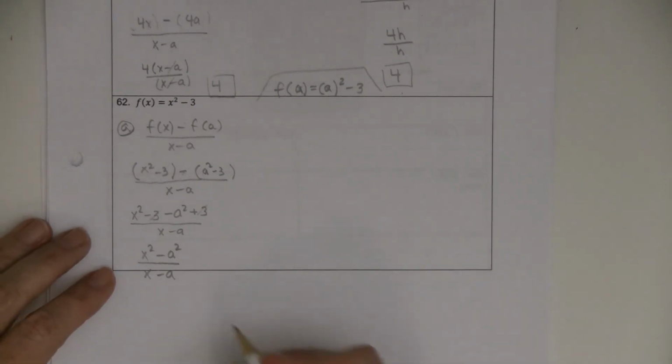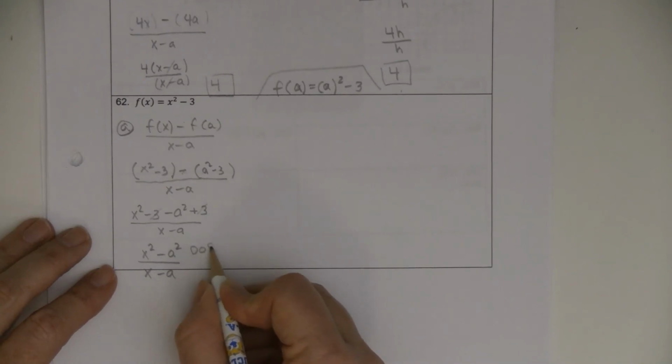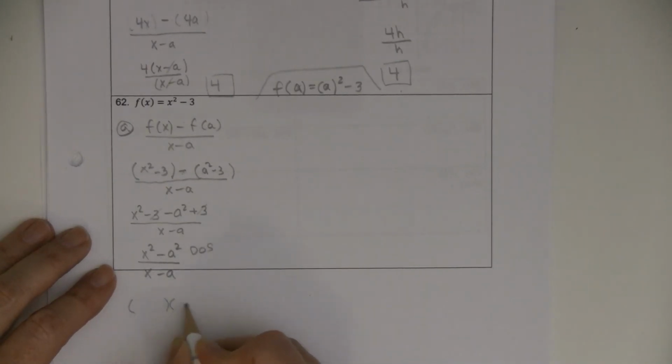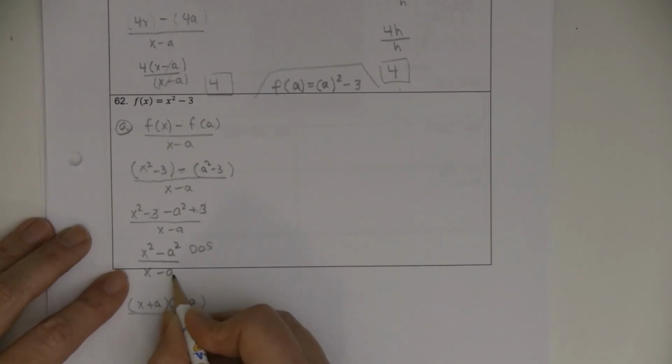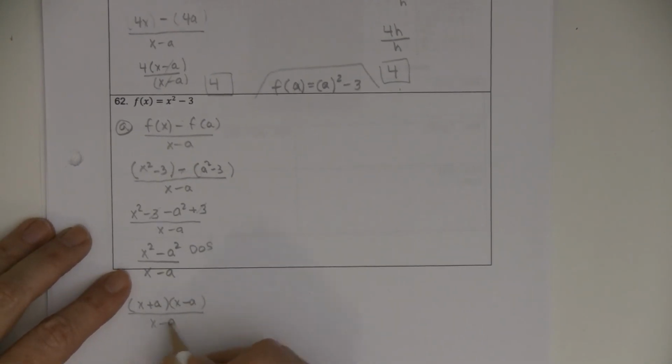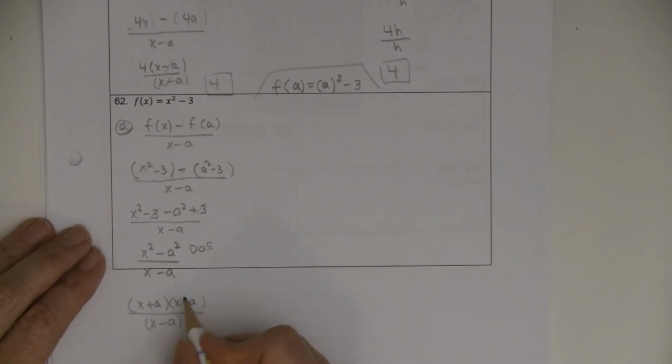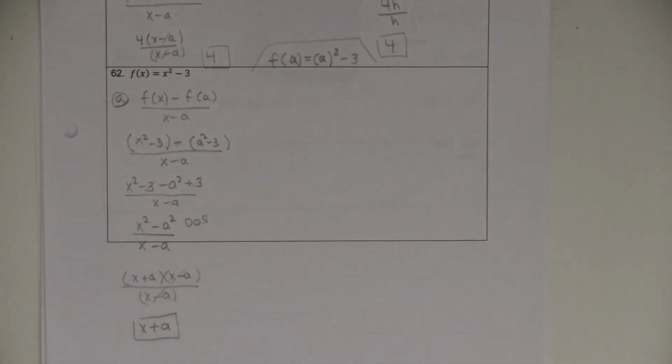And so it will factor as x plus a times x minus a, all divided by, and the denominator won't factor, x minus a. But now you notice, oh, they'll reduce with one another, x minus a divided by x minus a. So this gives us x plus a as our answer. Then we'll try B and see how we do.